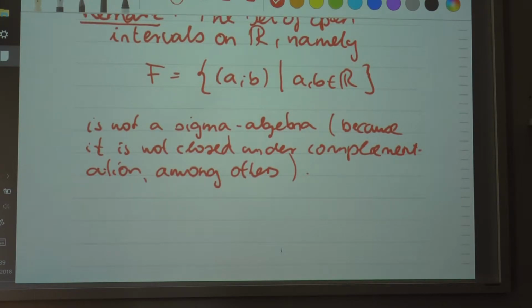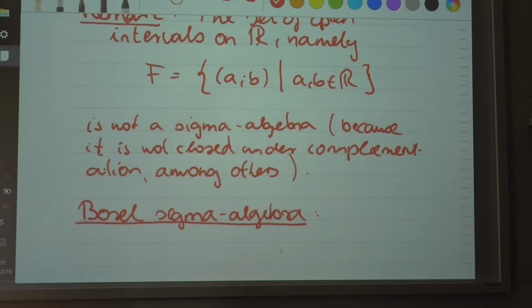But the sigma-algebra generated by this family will be a sigma-algebra, and this sigma-algebra we call the Borel sigma-algebra. So the Borel sigma-algebra, this is a new definition, will be the sigma-algebra generated by this family.